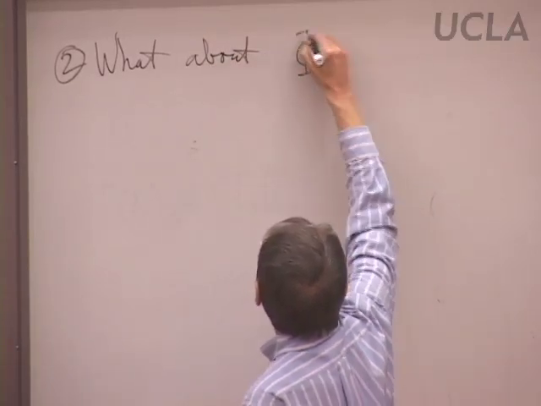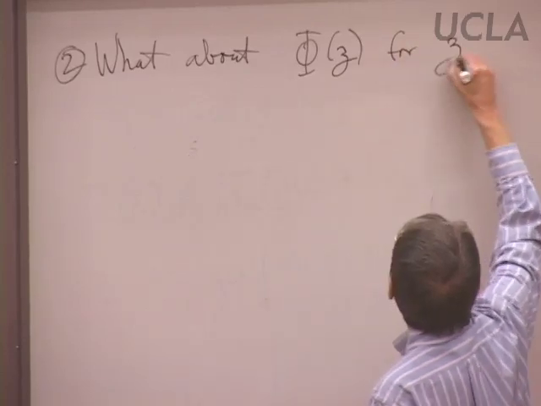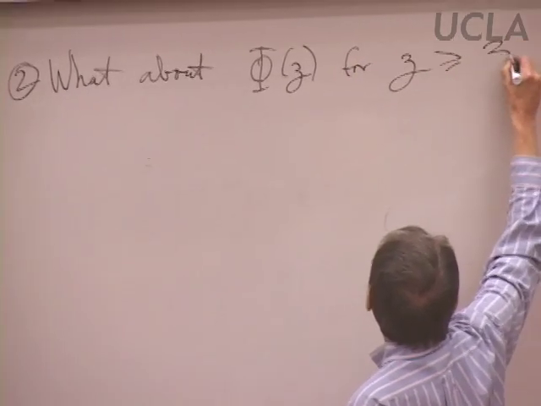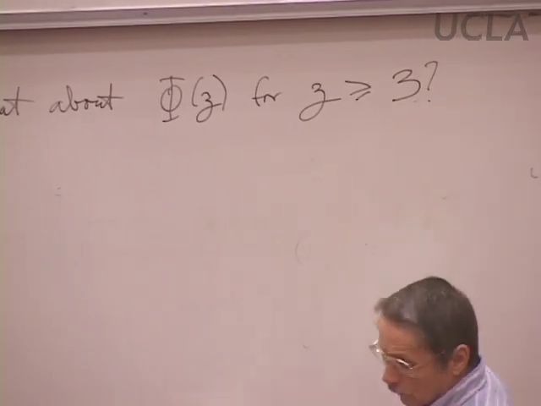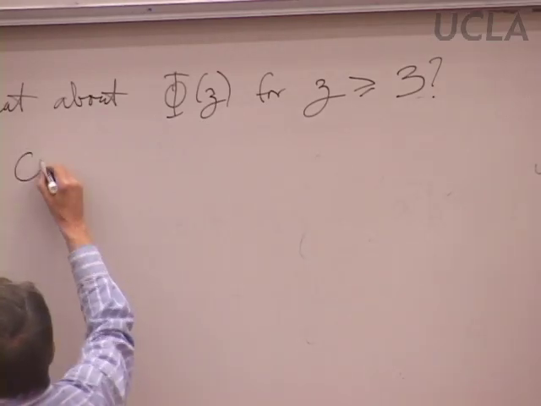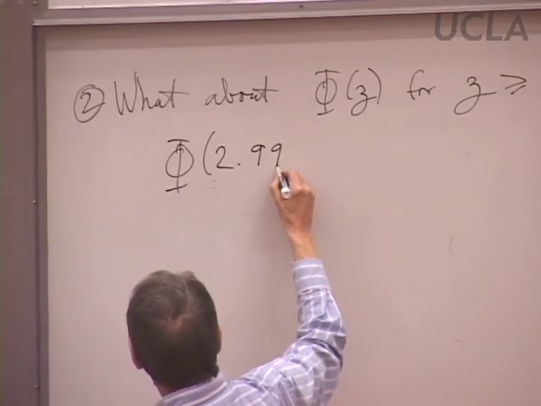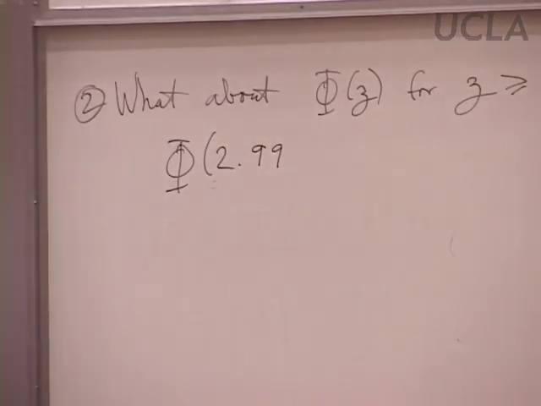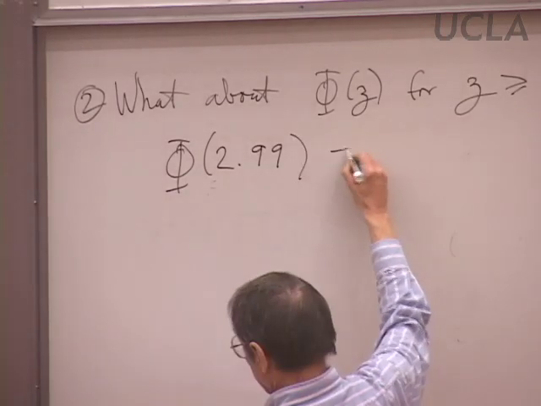Suppose we want phi of z for z of 3 or more. Our table only goes up to 2.99. That's as close to 3 as it gets.